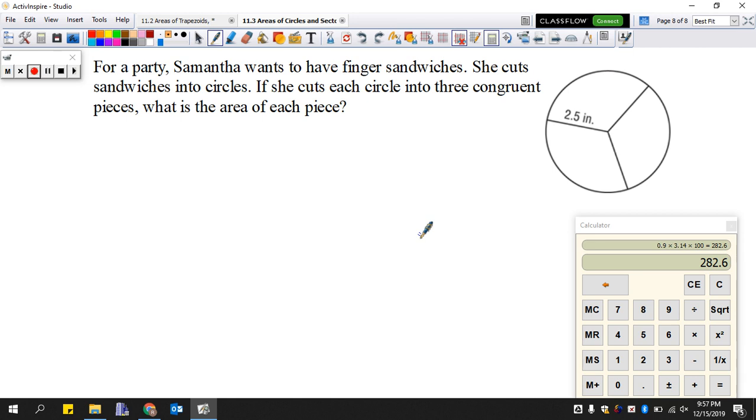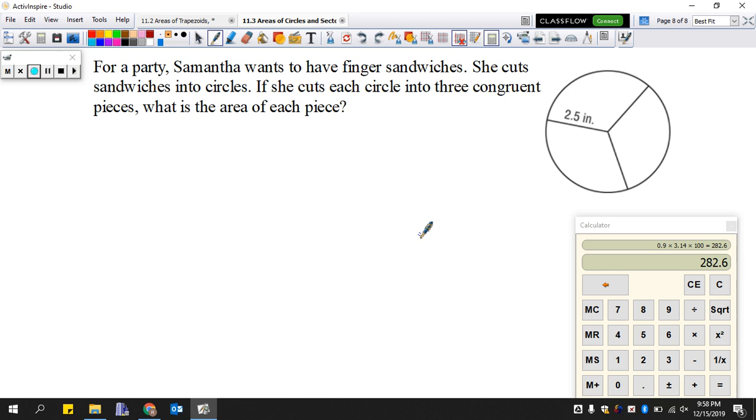The last problem or example that we're going to do is a word problem. It says, for a party Samantha wants to have finger sandwiches. She cuts the sandwiches into circles, and then if she cuts each circle into 3 congruent pieces, what's the area of each piece?